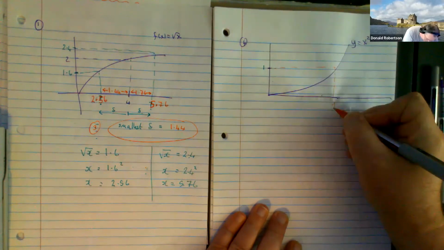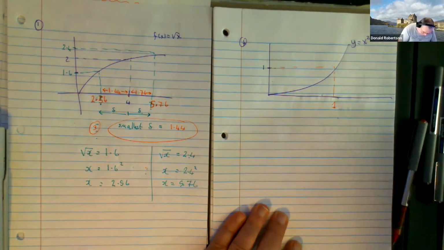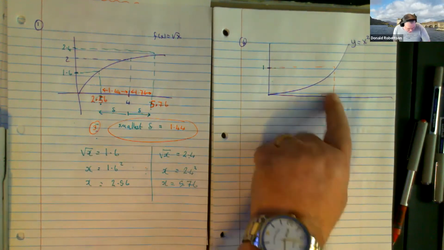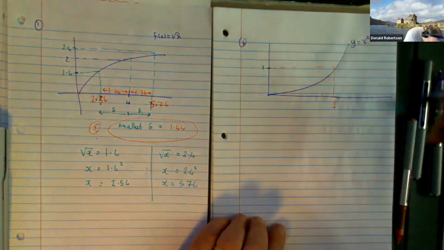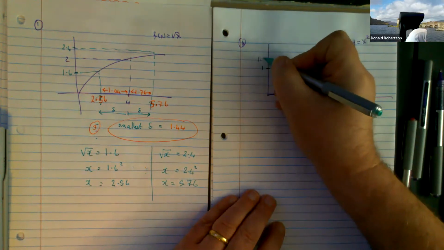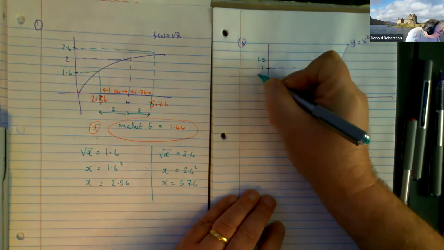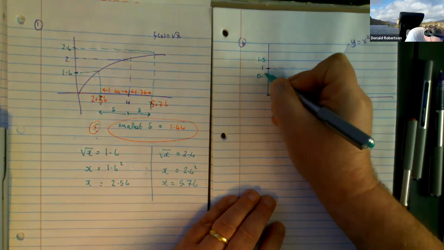So is this guy. So this is basically the limit as x tends to 1 is equal to 1. And we're going to have a guy up here called 1.5 and another guy here called 0.5.